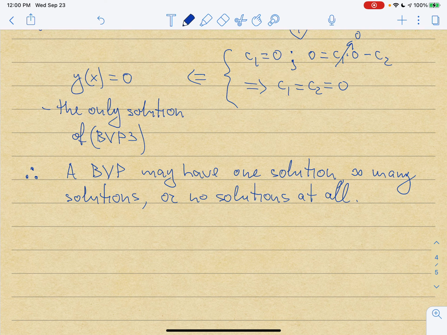So on the shores, y of x is going to be fixed, and between the shores, its shape is going to be variable. That means that in order to find the shape of the bridge, you will have to solve a boundary value problem.